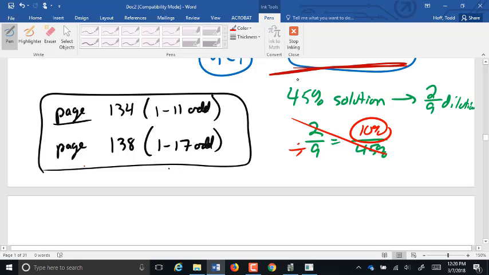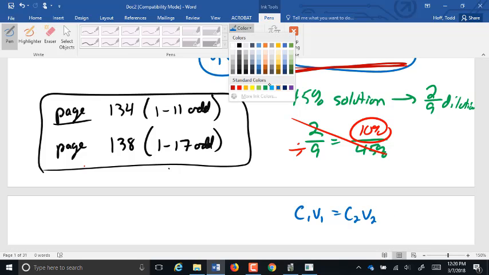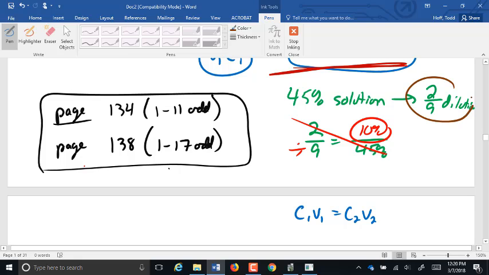Or again, the change of concentration, C1V1 equals C2V2, which would give us the same amount. We could actually put that 2 to 9 dilution in as our volumes. The 2 is the initial volume, the 9 is the final volume.